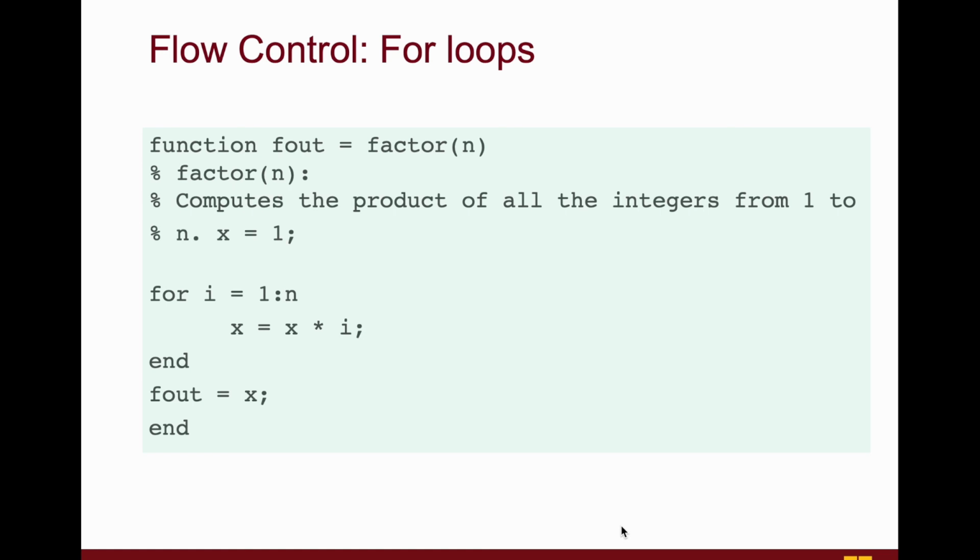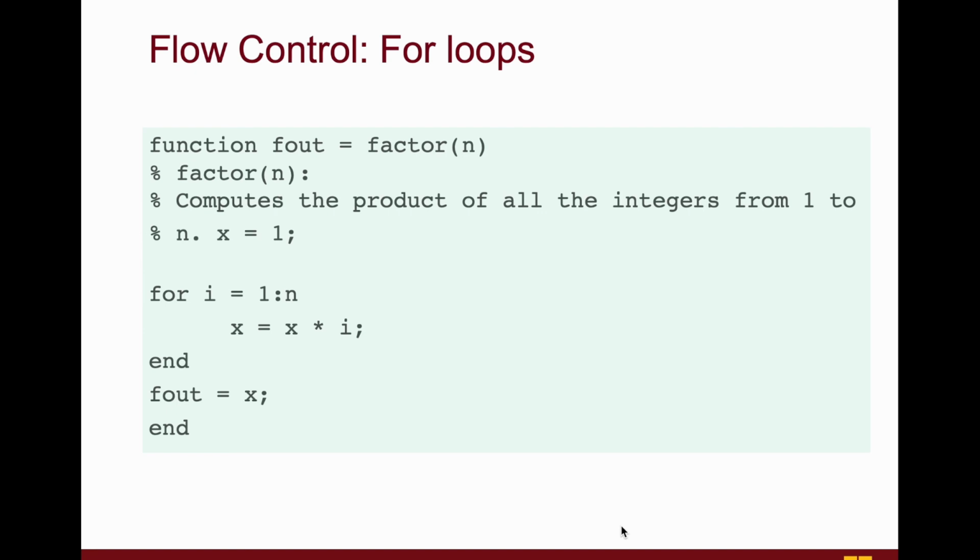So for each I value in this for loop, we get an x value. If you look at the structure of this, first I will be 1, and x is 1, so x will be 1 times 1. And then after this command, I will be increased to 2, so x will be given a new value, x times I, which is 1 times 2.